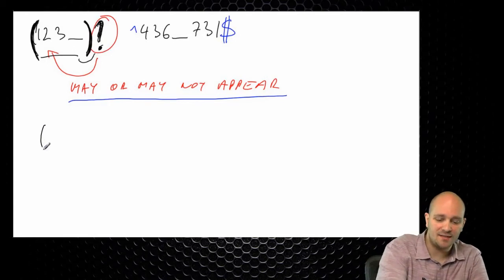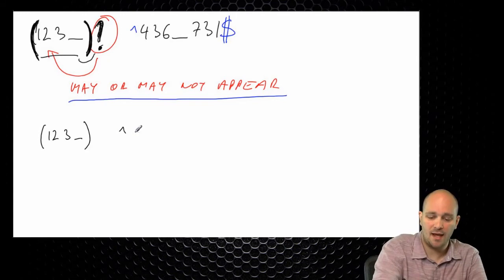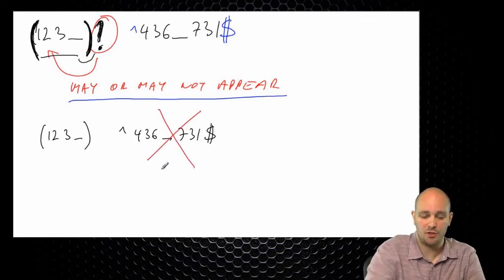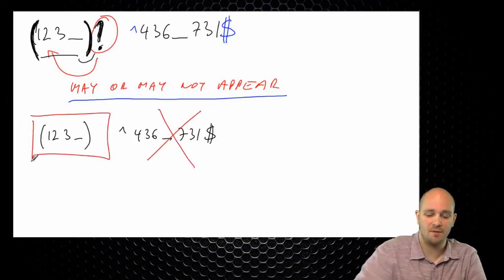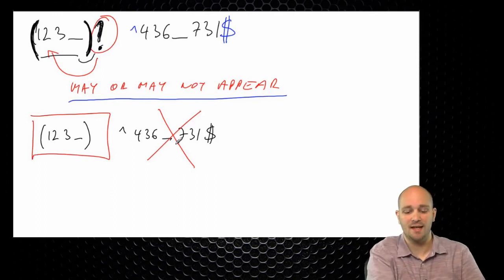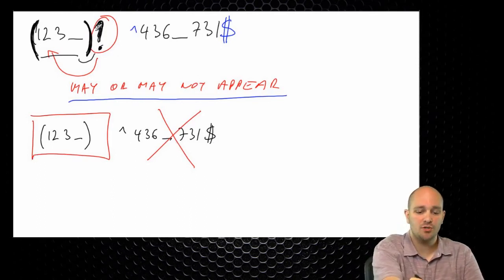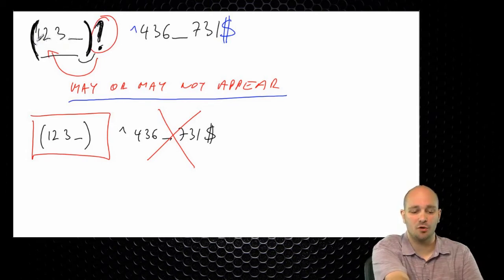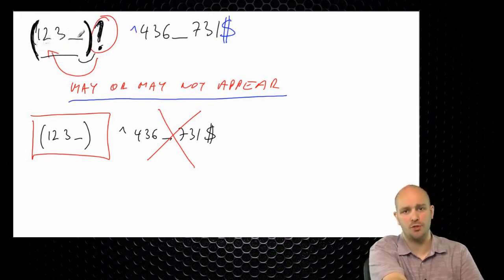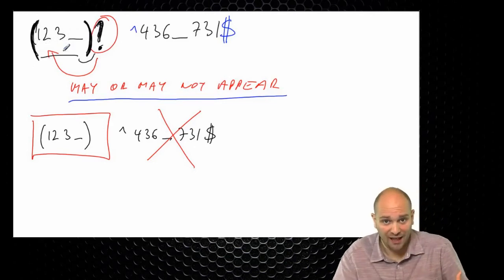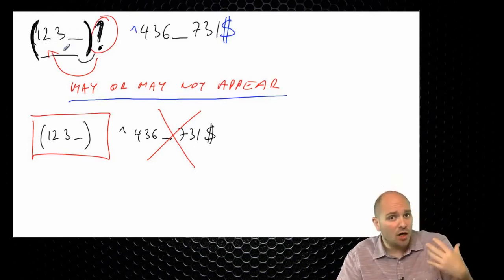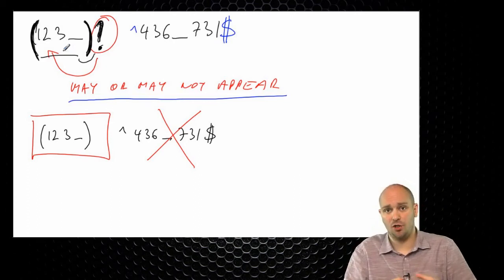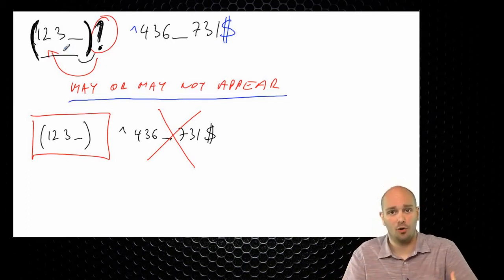Now, if this was my match pattern without the question mark, and this was the string that I was matching, this would not have been a match, because I'm telling it this must be found in the string, and in this case, it's not found. But when I use the question mark, I'm saying this appearance is entirely optional. Now, in this particular case, it makes no sense. But there are some situations when you have certain optional patterns that may or may not appear.